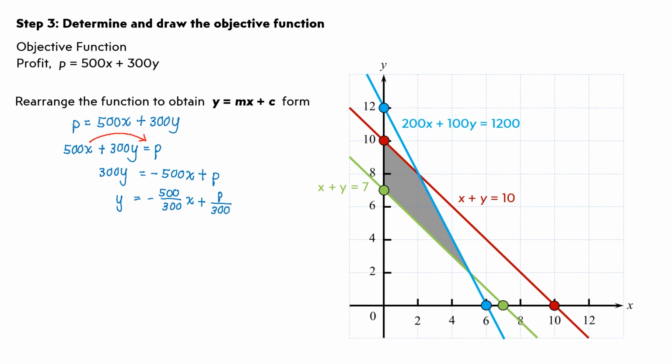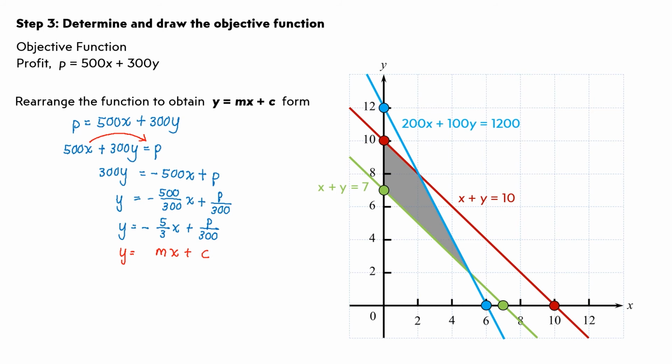So here is y equals negative 5 over 3 x plus P over 300. So now here is the form of y equals mx plus c, where m equals negative 5 over 3 and our c is P over 300.